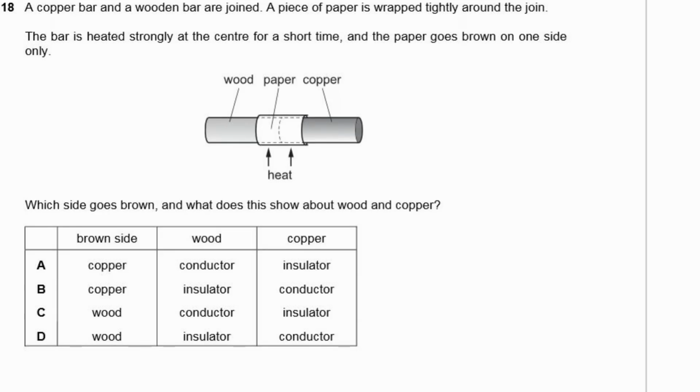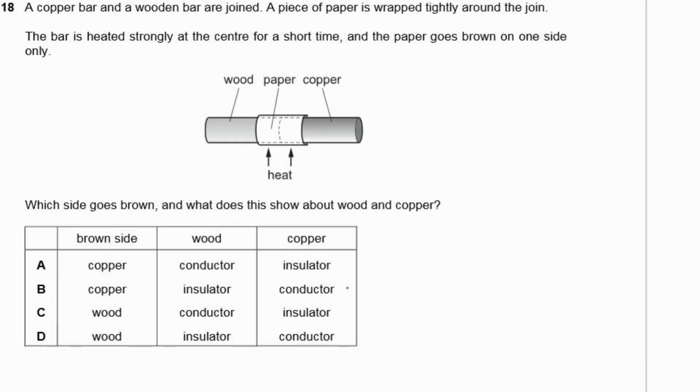18. A copper bar and a wooden bar are joined. A piece of paper is wrapped tightly around the join. The bar is heated strongly at the centre for a short time and the paper goes brown on one side only. Which side goes brown and what does this show about wood and copper? Right, now this is a tricky question, and I'll explain why to you.